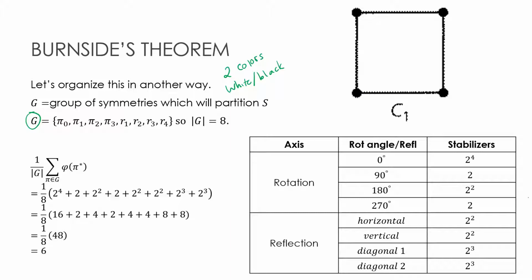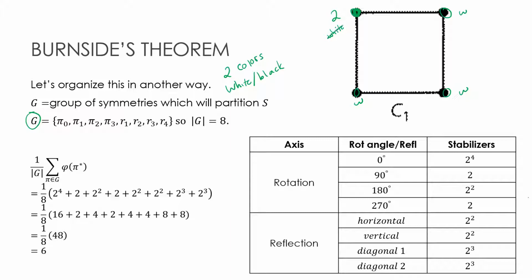And hopefully this will make sense. This guy, and I'm just always going to start with the top left just for fun, can be whatever color I want, so any of the two colors that I'm choosing from. But if, let's say, I chose this one to be white, then this guy would have to be white, and this guy would have to be white, and this guy would have to be white.